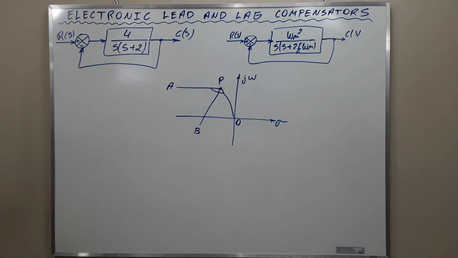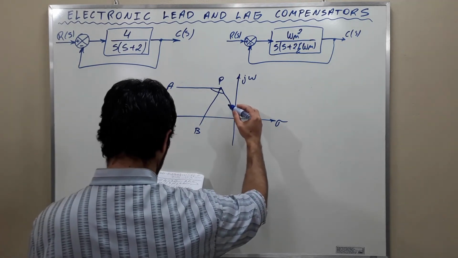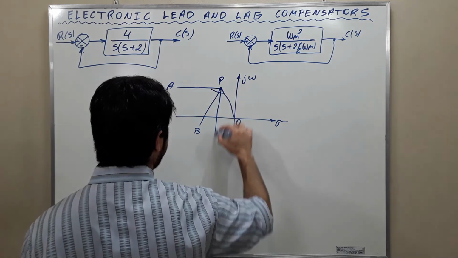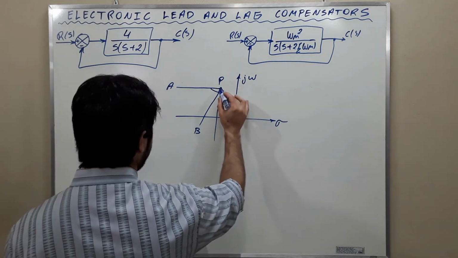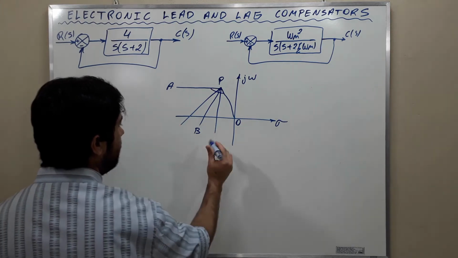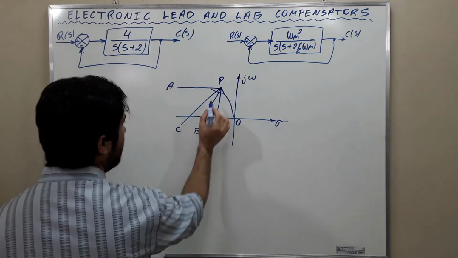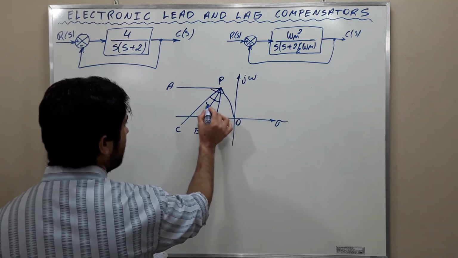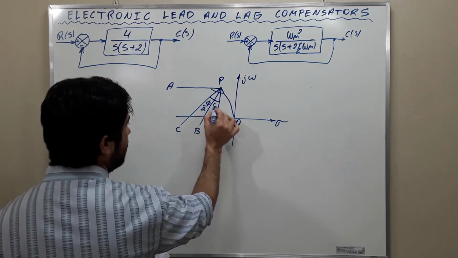And draw two lines, PC and PD, that make angles phi over 2 with the real axis. Here, PD, and here, PC. Okay? Here is D, here is C, and these angles here are phi over 2 and phi over 2.